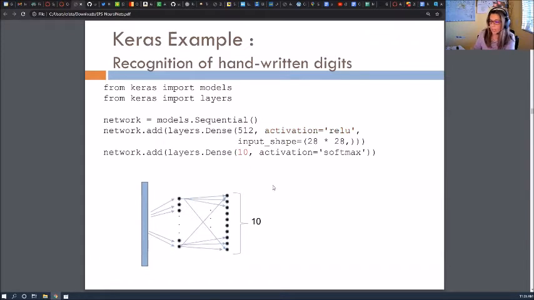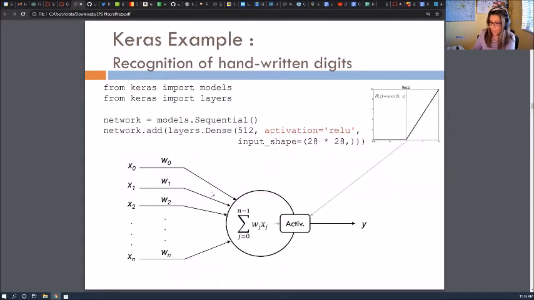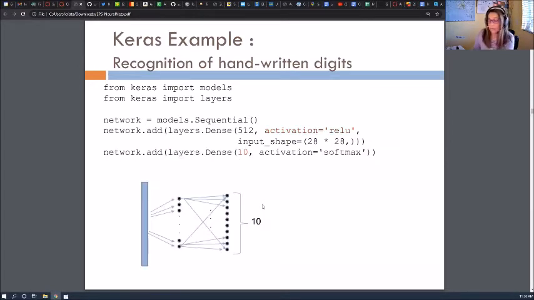All right, so this is the hidden layer, but then we need to think about the output layer. The output of the problem, in this case, is recognizing the digits. How many digits? From 0 to 9. So these are 10 digits. This is a classification problem.